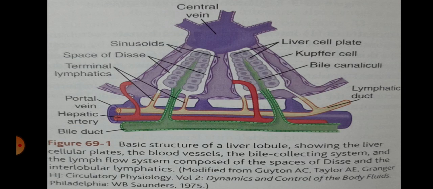You notice one thing: the liver lobule has cell plates that are two cells thick. The adjacent hepatic cells are separated by bile canaliculi. Likewise, the adjacent liver lobules are separated by the fibrous septa.